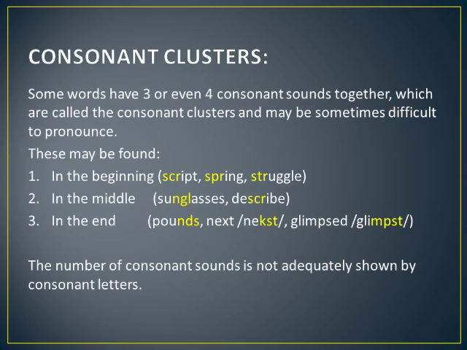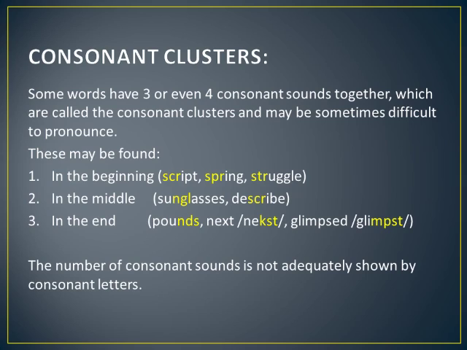But when you look at the word next, you find there is one x and there is t, and you say that there are 2 consonants. The word is ending with 2 consonants, but it is not the case. You have to see the transcription of that word, and you see that it ends with kst. So it is a consonant cluster with 3 consonant sounds.